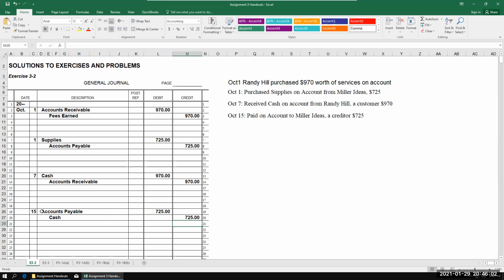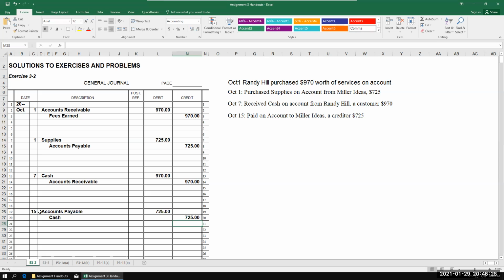Notice here that both from the 7th and the 15th, we don't reference our fees earned, and we don't reference the supplies on the 15th. That's because those parts of the accounting have already occurred. We've already recorded that we bought those supplies. That part is done. What's happening on the 15th is simply a record of us paying off the debt that we got from buying the supplies in the first place in this example.